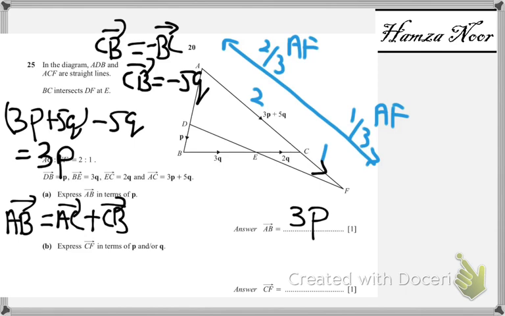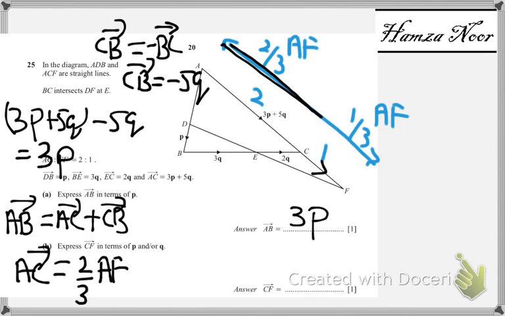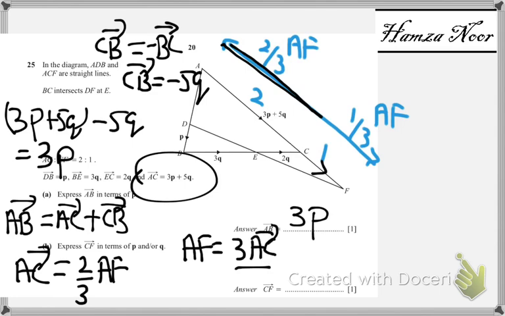As I told you earlier, AC shares the 2/3 part of the vector AF. So you can write an equation right here: AC is equal to 2/3 part of AF. What do you need to find? You need to find AF. AC vector is given as 3p plus 5q. So this means AF will be equal to 3 times AC divided by 2.